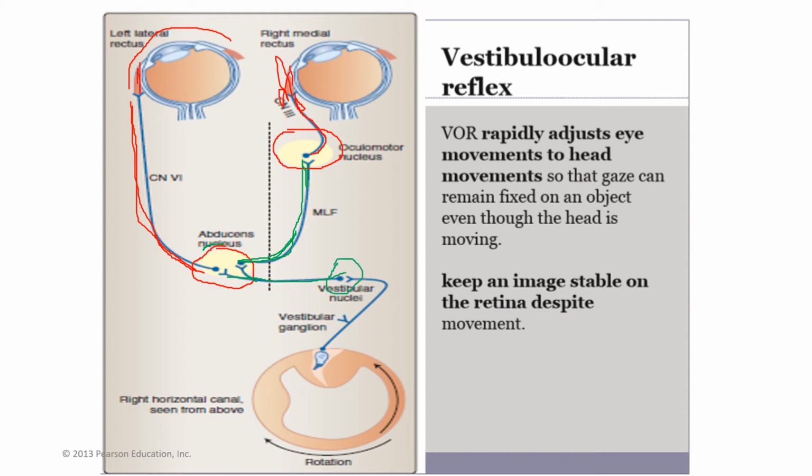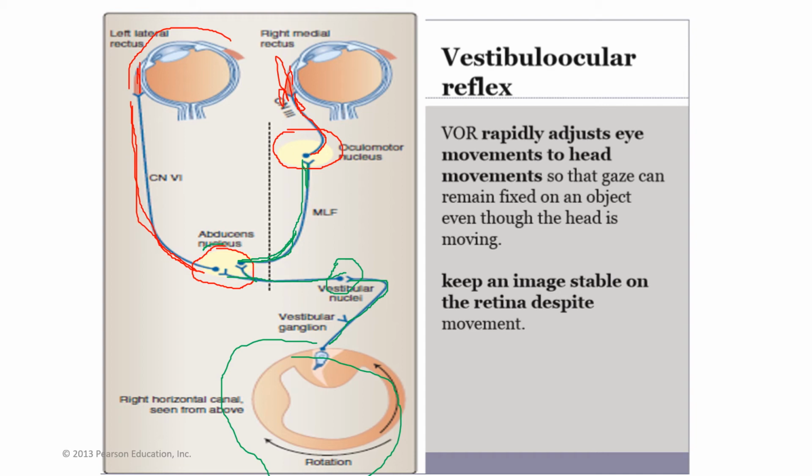Here's another little synapse here. And then we can see that vestibular ganglion. And what we're looking at here is the right horizontal canal seen from above. So in your ear. Okay, so figuring out where are we in space. Remember that chapter when we were talking about the canal.